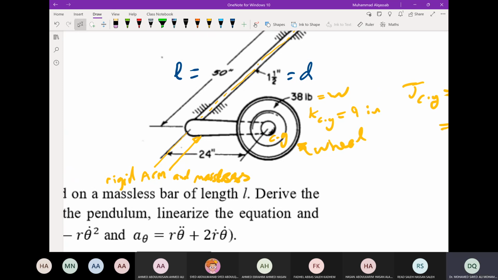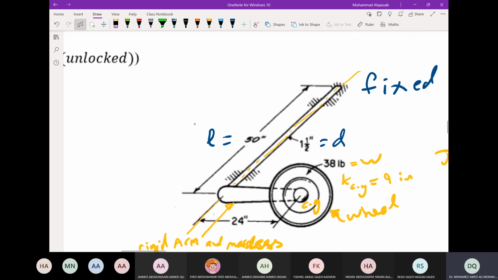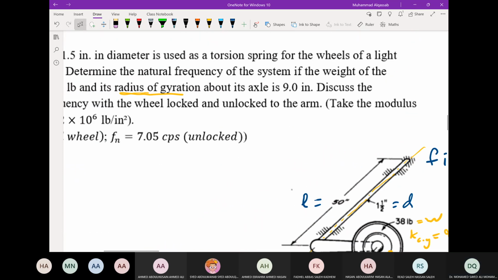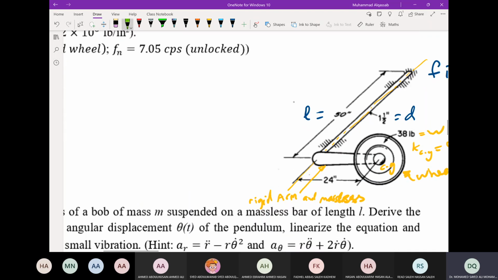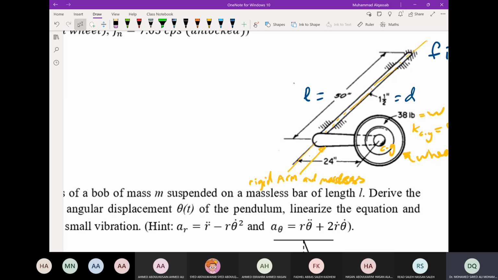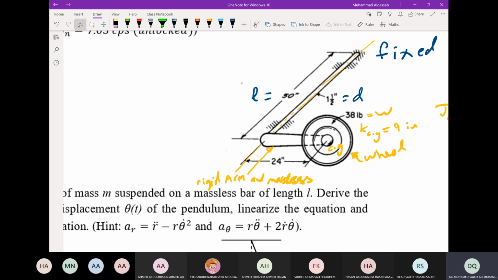Now there are two cases here, not just one case. There is locked and unlocked cases of the wheel to the arm. If the wheel is locked, then this will be what we did in the theory about the shaft and the disc, except that the wheel is shifted from the center of rotation.